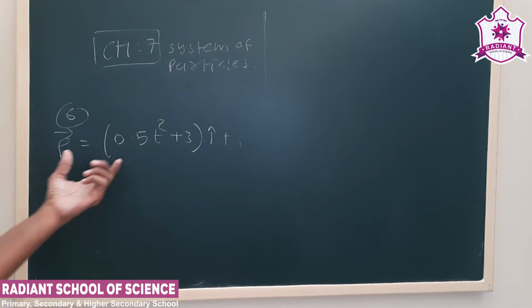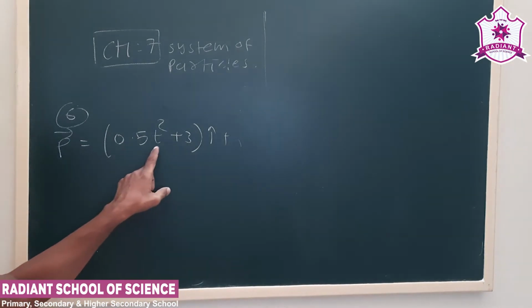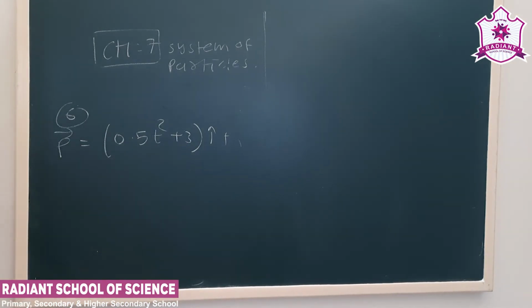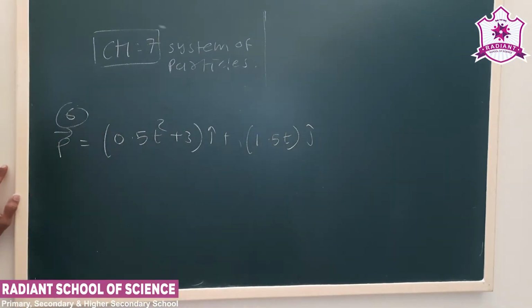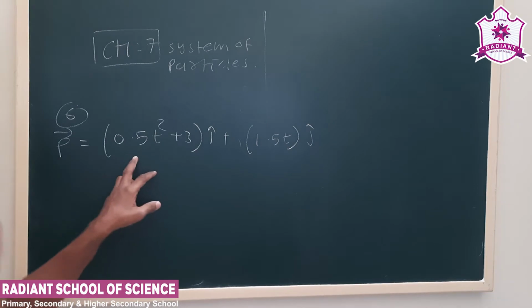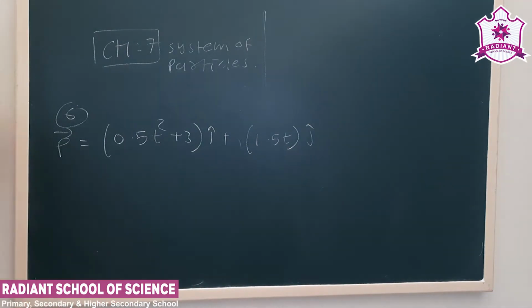See, the x component is 0.5 t square plus 3. See, momentum is a vector quantity, that's why it is given in terms of the components. See, this is the x component and this is the y component.